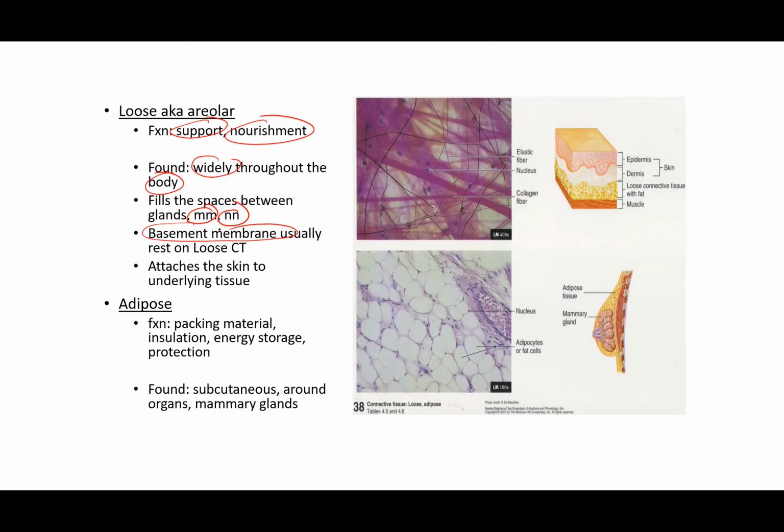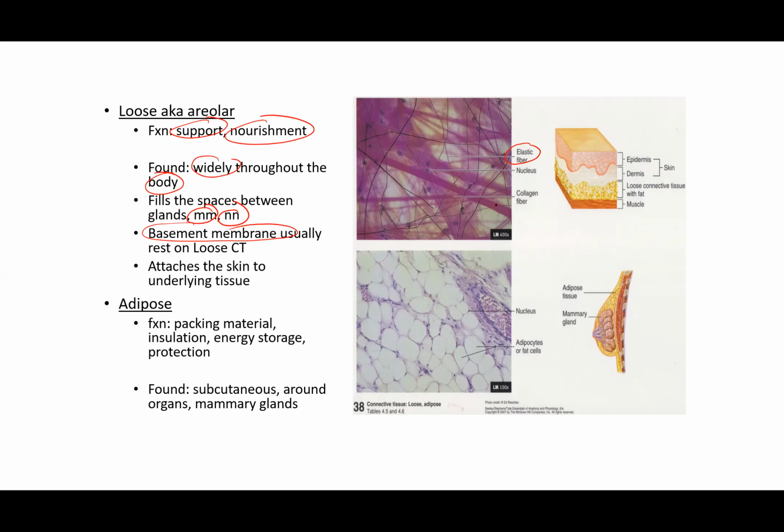Inside of the loose connective tissue, you'll find these elastic fibers that look like hair. That black line there looks like a hair. You'll see those spread loosely throughout the tissue, just kind of spread everywhere, and that gives it the ability to expand.